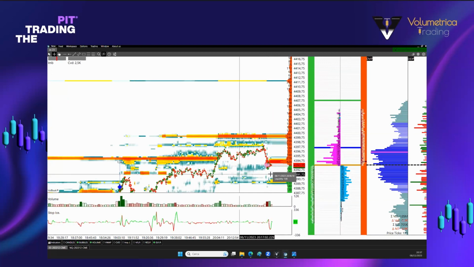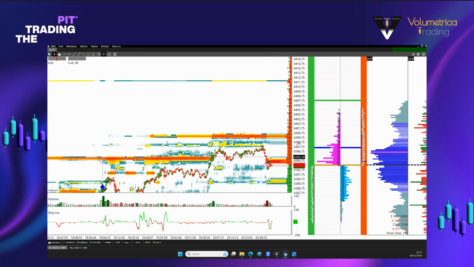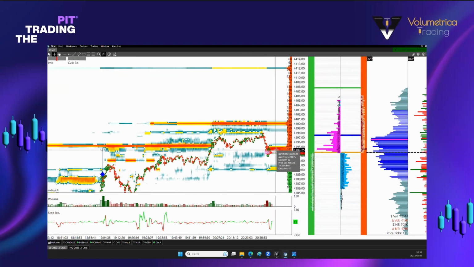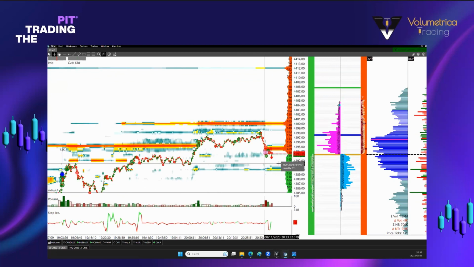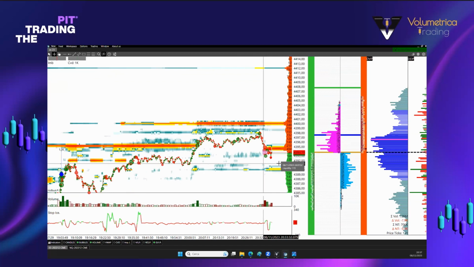Does it mean it is continuing to the downside, it's going to go short? Well, not necessarily, because the market then needs aggressive traders in order to push the market away from there. But at least we have a wall.